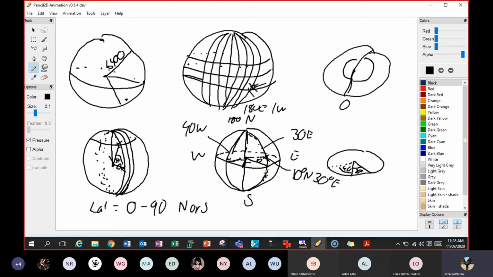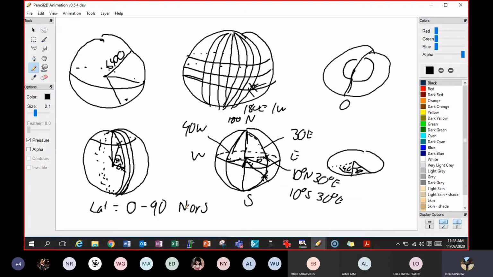Now, if I went down here and it was 10 degrees down from underneath, that would be 10 degrees south, 30 degrees east. And that's how the coordinates work.